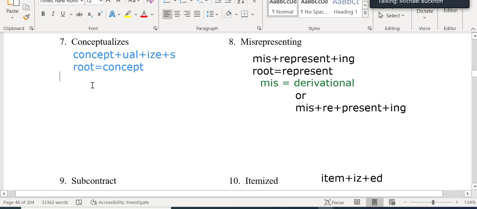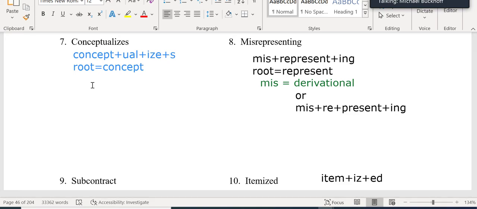So we got, what do we got here? UAL, or we can say AL. Then we have IZE, and then we have S. So we got to deal with those.